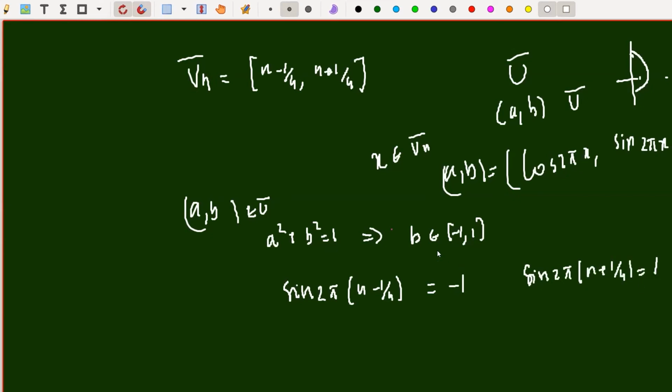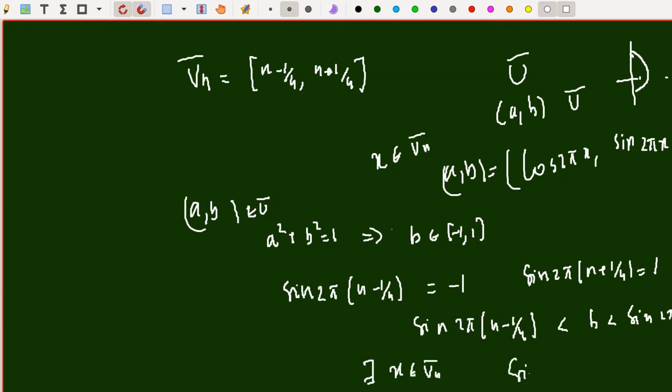So this b lies between them. Now by the intermediate value property, since sine is continuous on Vn bar, there exists some x in Vn bar such that sine 2 pi x equals b.